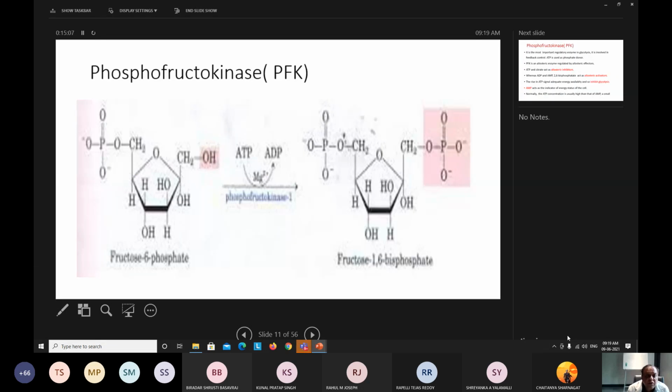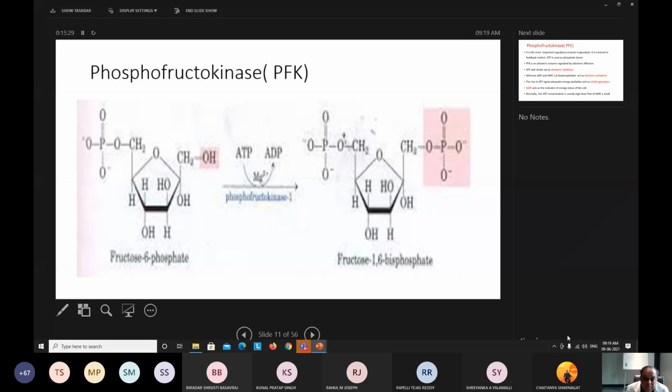Now coming to the second one, phosphofructokinase, PFK. In the continuation of these reactions, you must have seen that fructose 6 phosphate gets converted into fructose 1,6 bisphosphate in the presence of the enzyme phosphofructokinase 1.